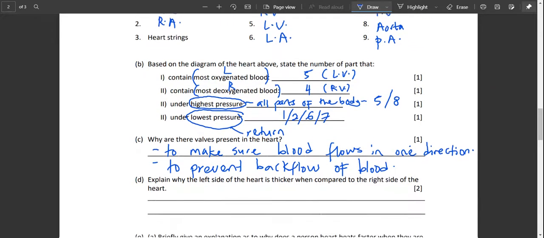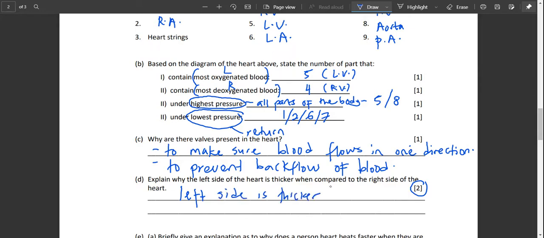And D, explain why the left side of the heart is thicker when compared to the right side of the heart. There's 2 ways to answer this one, and there's 2 marks. You can answer first, left side is thicker to withstand the force or pressure.